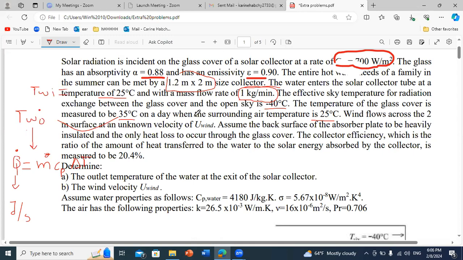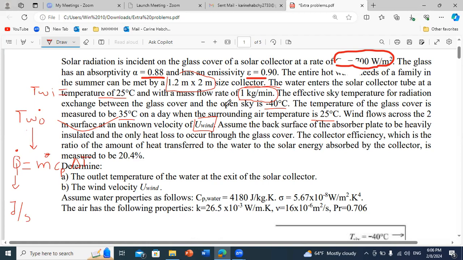Wind flows across the 2-meter surface at an unknown velocity u wind. So in this problem, based on the design, we need to determine the value of u wind that gave us an area of 1.2 times 2 meters. In general, in the design, you know the wind velocity, and you will decide on the area or the number of collectors to use, number of PV panels to use.